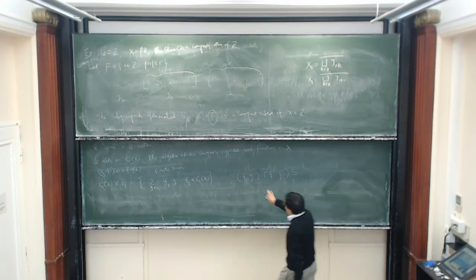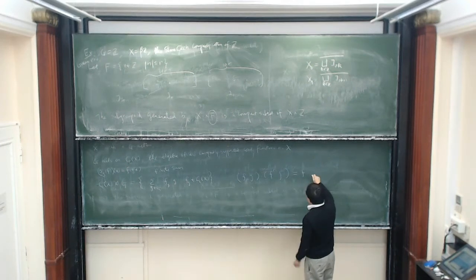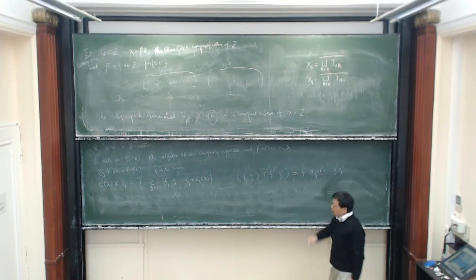So when the group element passes through this function, we want some action, which is this action here, alpha_g of f prime, times g g prime. Okay, so this is the product.